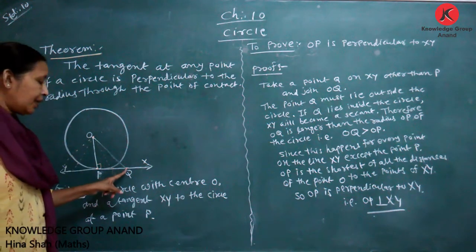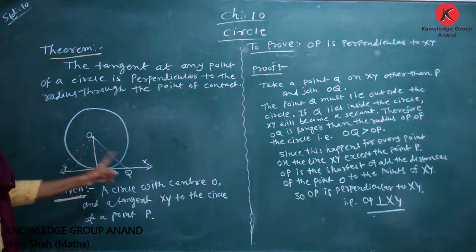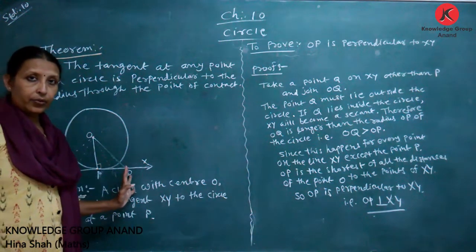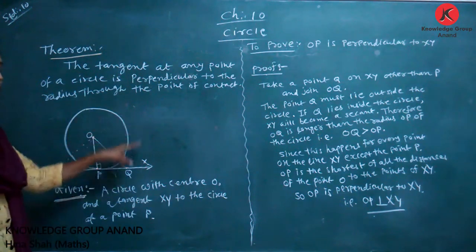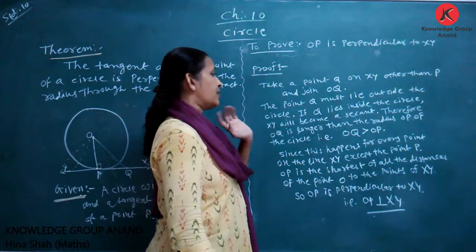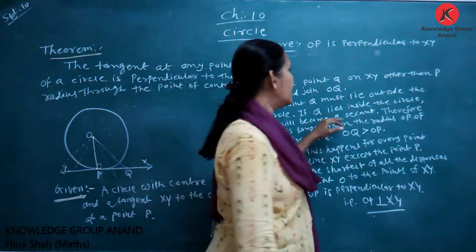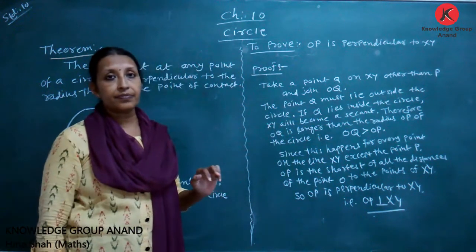Take a point Q on XY other than P and join OQ. Q must lie outside of the circle. If Q lies inside the circle, XY will become a secant.